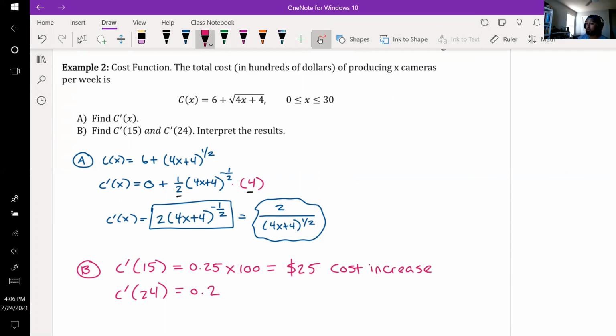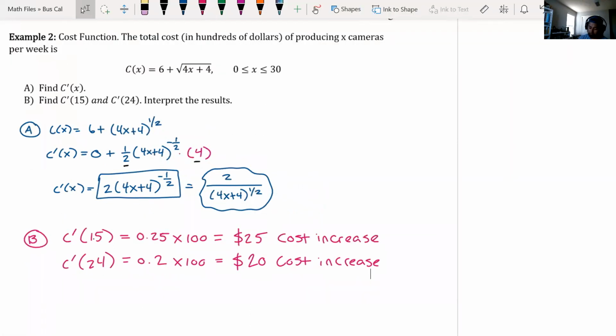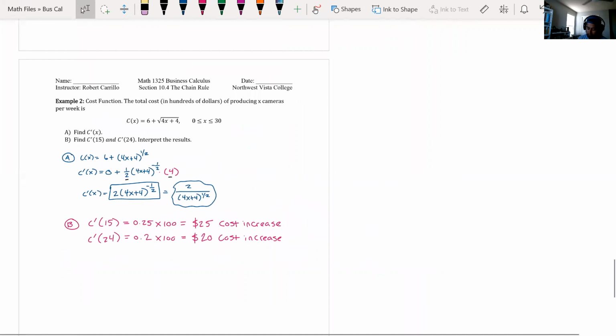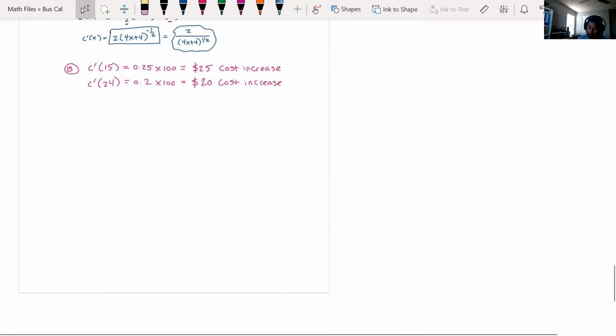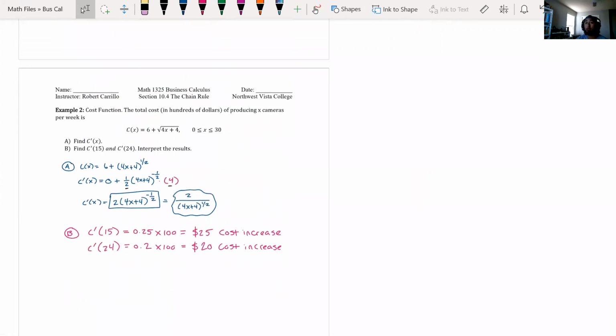And then if we produce 24 cameras, cost will increase by $20. And that's it. And that is the chain rule. So, any other questions on that?